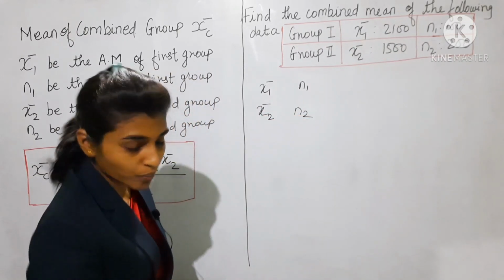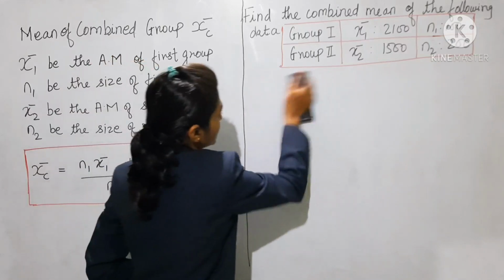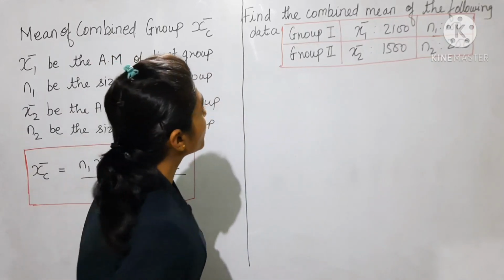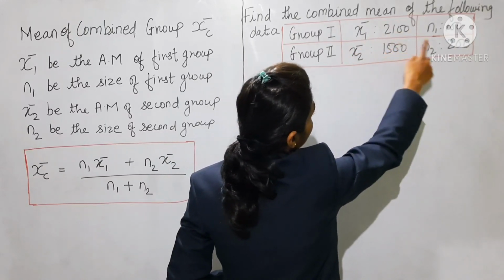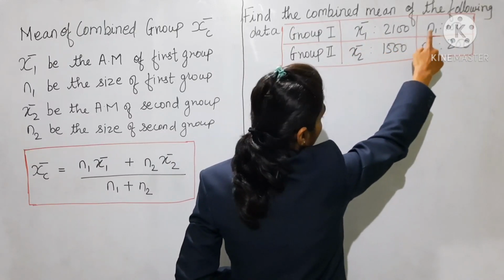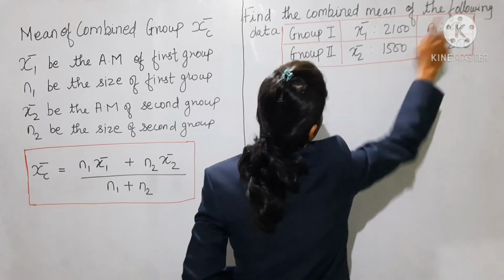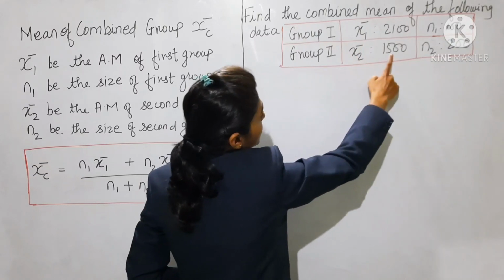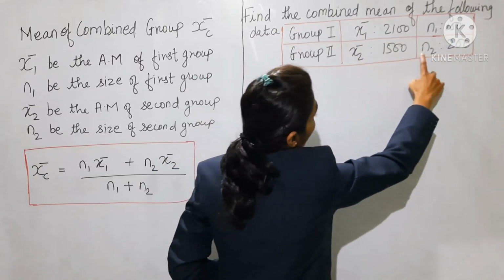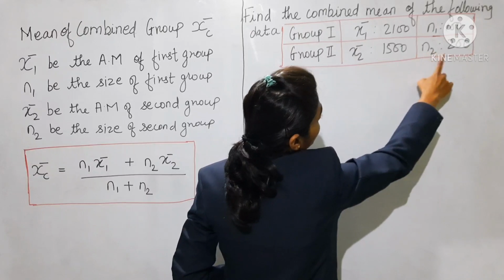For group 1, x bar 1, the arithmetic mean, is 2100, and n1, the size of the group, is 100. For group 2, x bar 2 is 1500 and n2, the size of group 2, is 200.